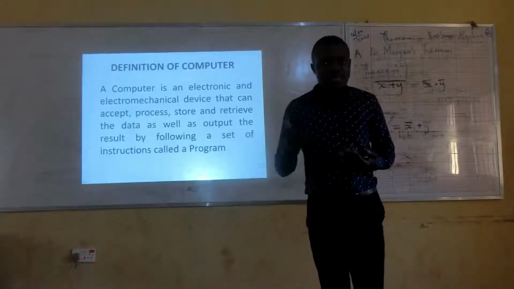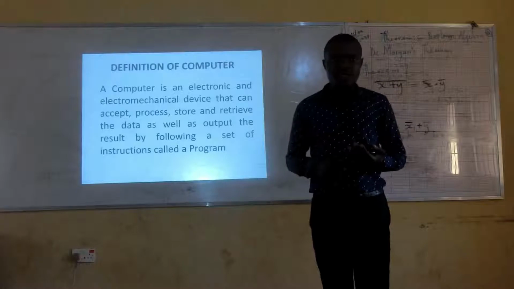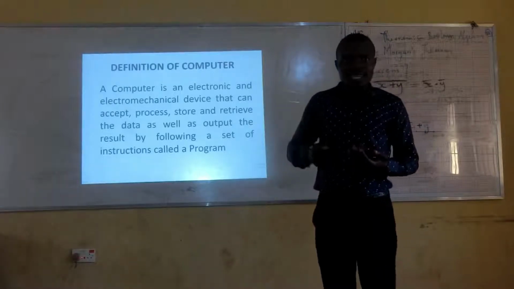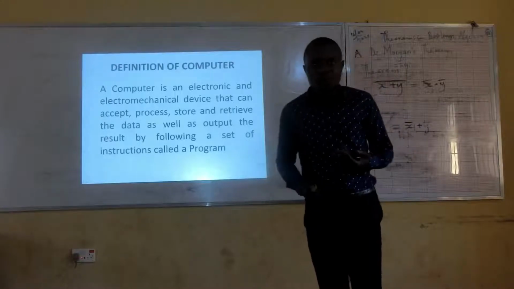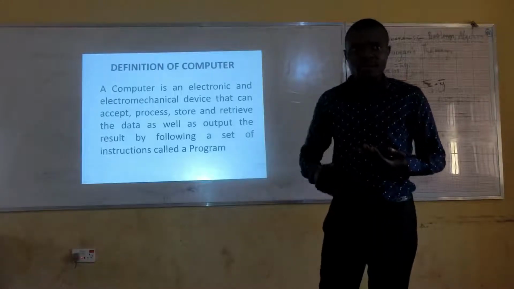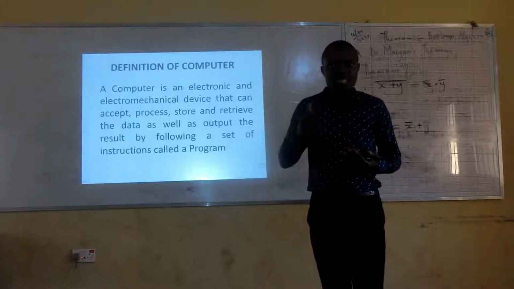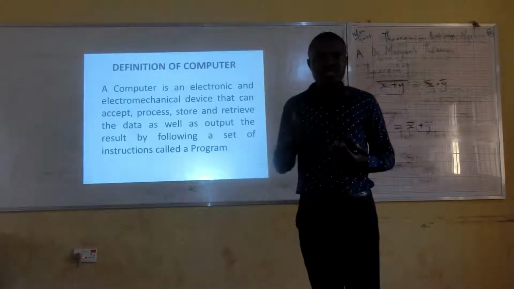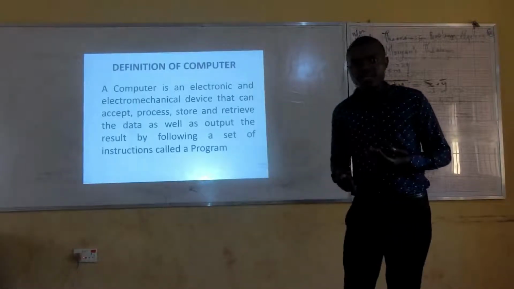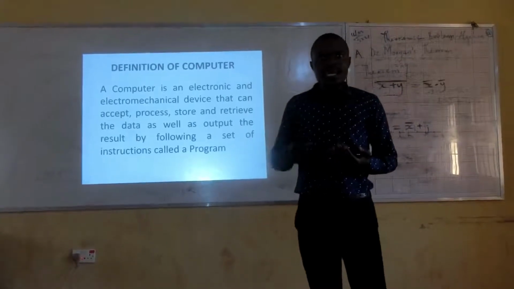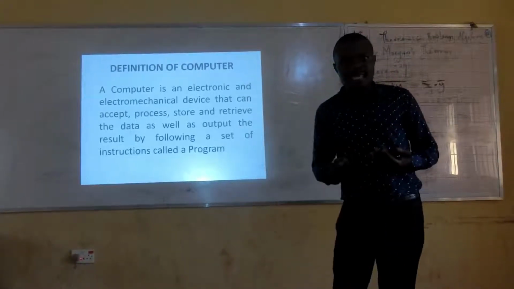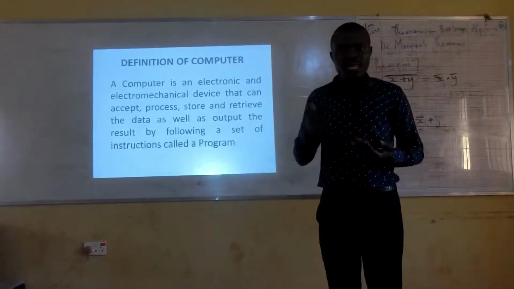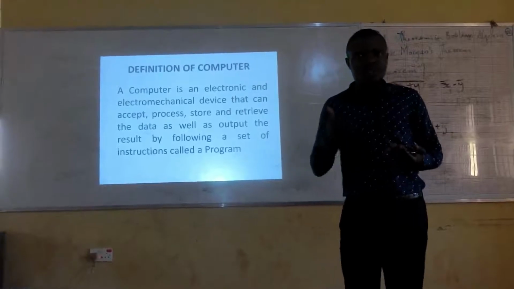Now, what do we understand by computer itself? Computer is defined as an electronic device that is capable of accepting data, processing it, and producing accurate and efficient results. By so doing, we mean anything that is capable of accepting data, processing it, and giving out a reasonable information is said to be computer.